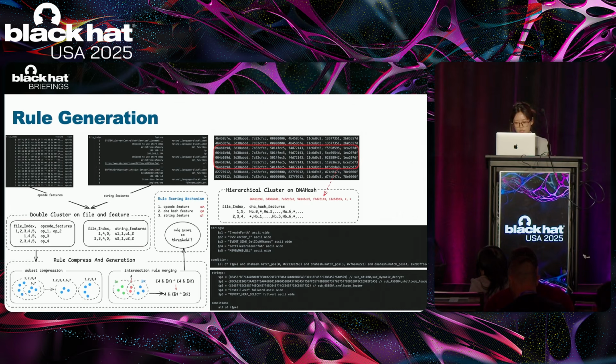There is a rule compression part, including two steps, subset compression and intersection rule merging. This helps combine similar frequent patterns and reduce the total number of rules.